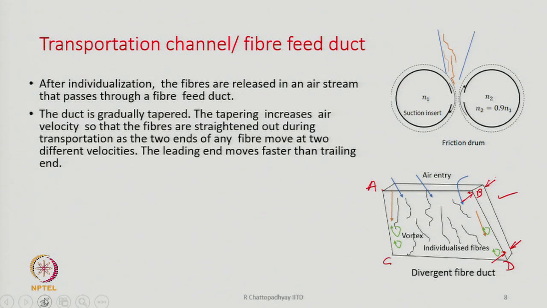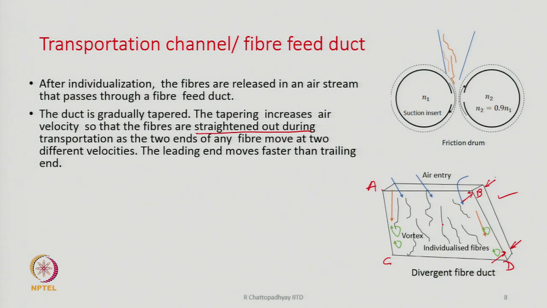And this taper is also required. The tapering of the transport channel is going to increase the velocity of the fibers, which will help in straightening out the fibers, because the two ends of the same fiber will move at two different velocities.